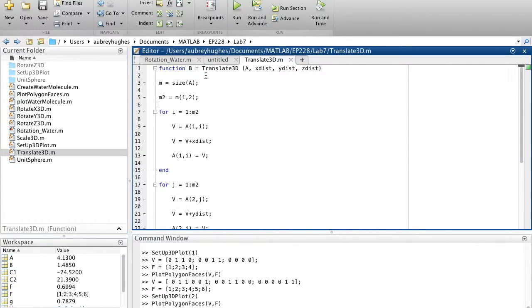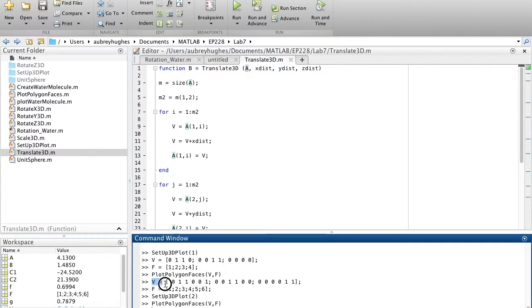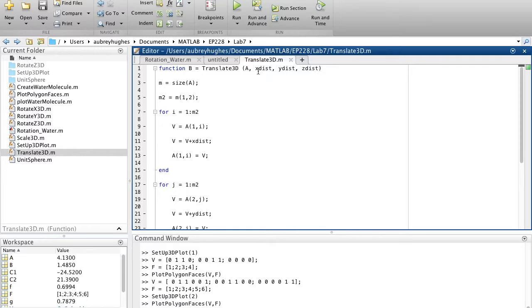But we have our function translate 3D, which takes in our vertice matrix. So A is just this V down here, an X distance that we want it to move, a Y distance that we want it to move, and a Z distance that we want it to move. So this is just taking the size of A so that we can deal with its rows and columns.